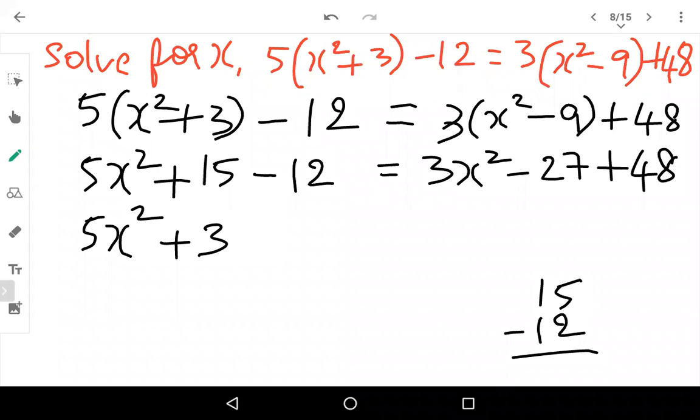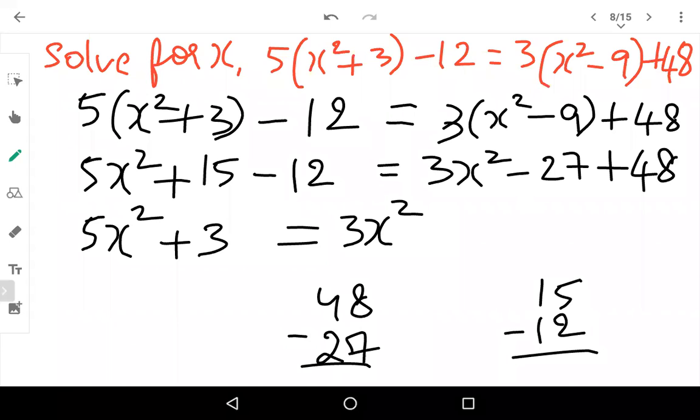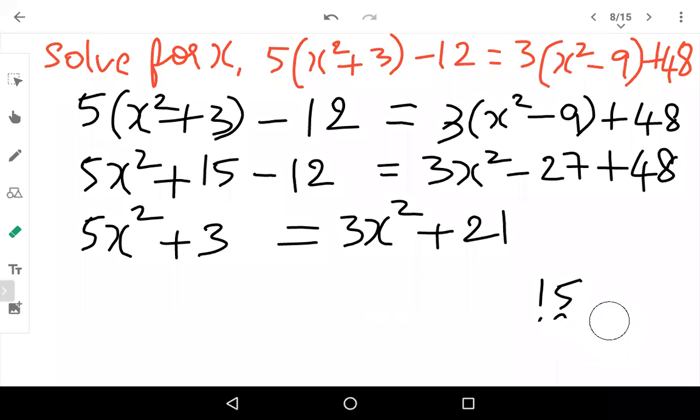It is equal to, now on the right hand side, 3x square will remain as it is. 48 minus 27, how much do you get? 21. Good. So we get plus 21. Do not get confused with the signs again. So we have come to one easy form of the equation here.